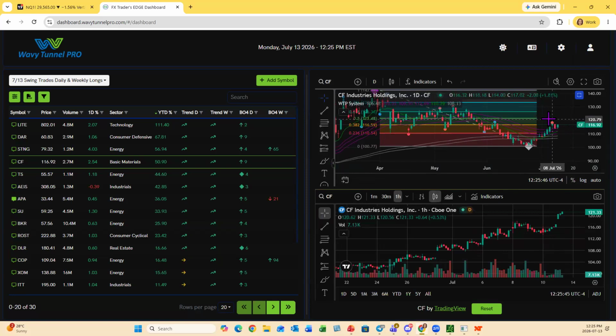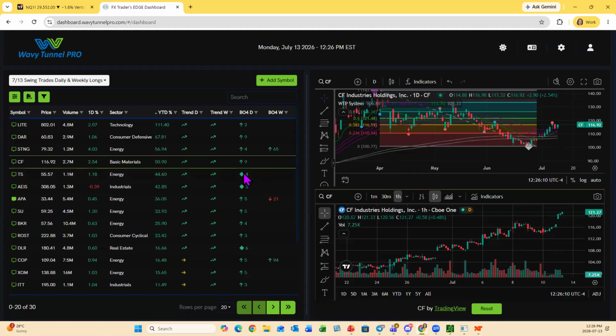We've already broken through the 50. We gapped higher. We broke through this level, and we are right at the 50% mark. That's where we are. So this one looks good. Okay. Let's try the next one.